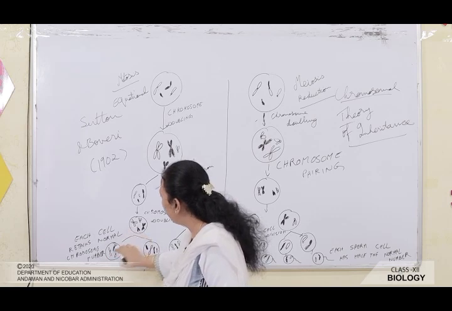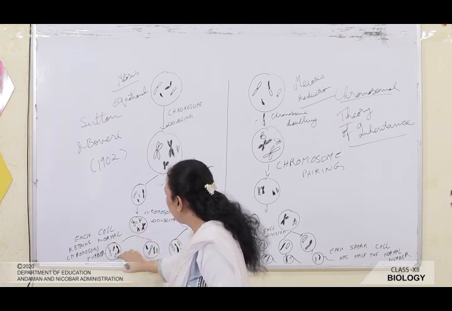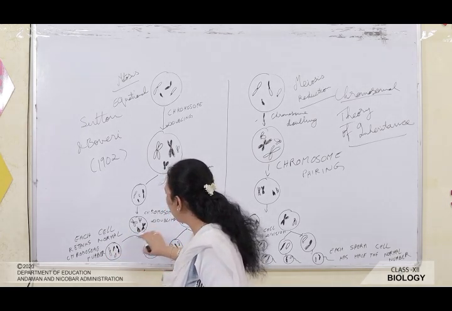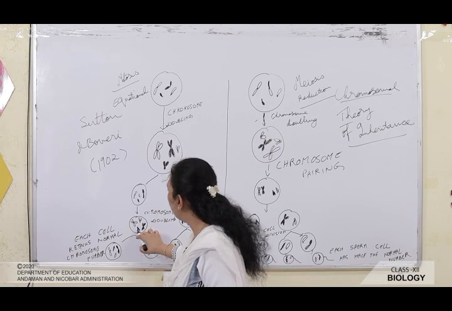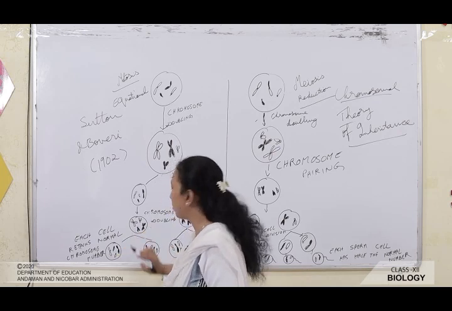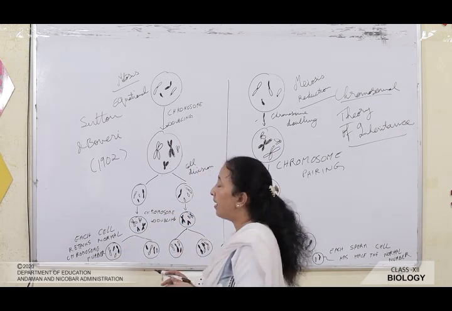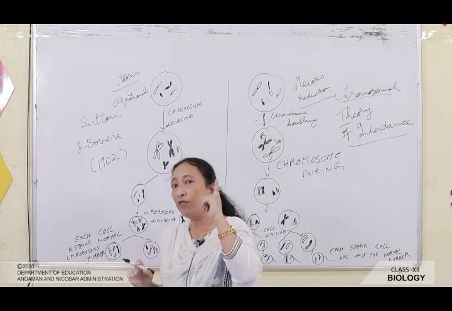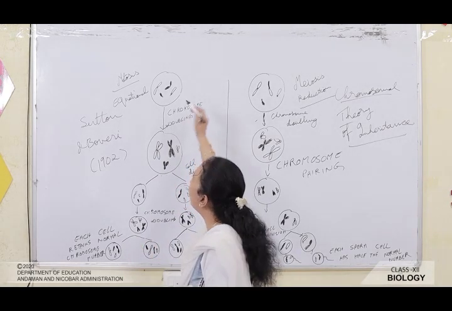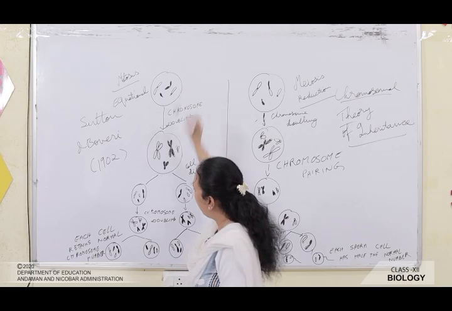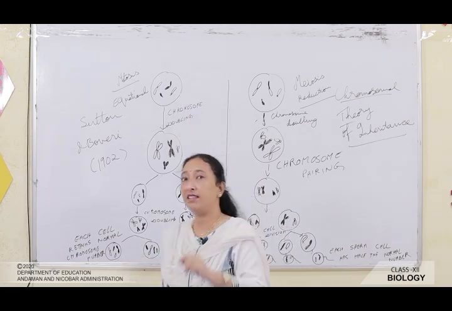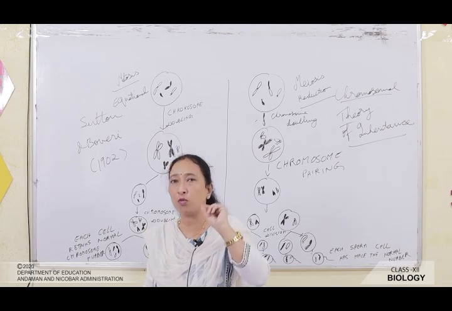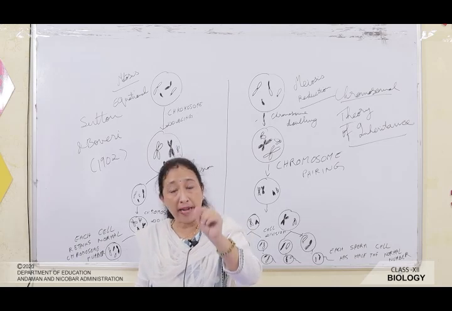Here one strand, here one strand, here one strand. If you are seeing this chromosome, this one strand here, this one strand here, it means they are dividing equally, right from the very beginning, starting from what the cell had. See, what the cell had, the same thing is retained. Each cell has the same number of chromosomes in mitotic division.